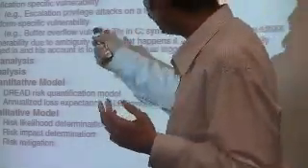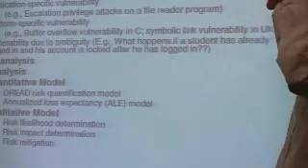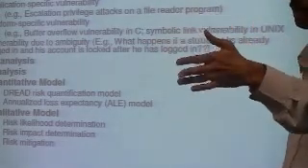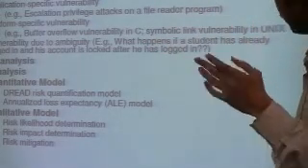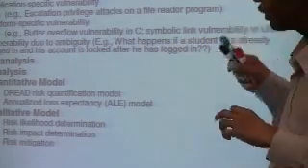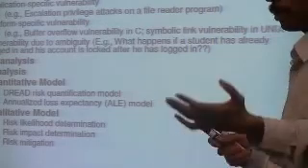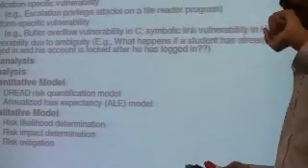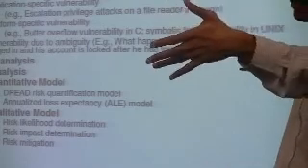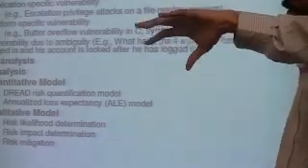Then vulnerability due to ambiguity. Ambiguity means you are not clear on how to develop the program. One thing that we also discussed, remember, is if a student has logged in to, say, the POS, and then his account is locked, should he be allowed to do whatever he can for that session he has logged in, because he has already logged in? So if you lock his account after he has logged in, can he still register or not?